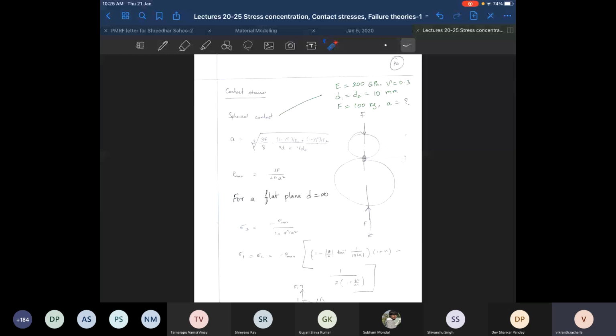Then you need to figure out the nominal stress at the critical point, and then using an appropriate graph, find the corresponding static stress concentration factor, either KT or KTS, depending on whether it's a normal loading or a shear loading scenario. You have to pick one and get the static stress concentration factor. The product of the two, nominal stress times the stress concentration factor, will give you the peak stress.